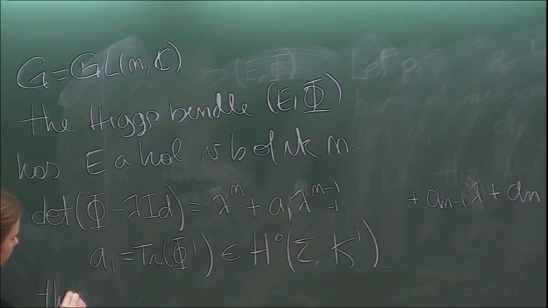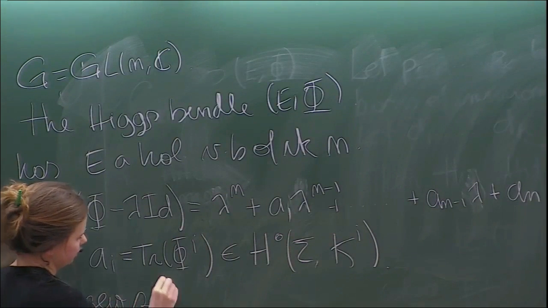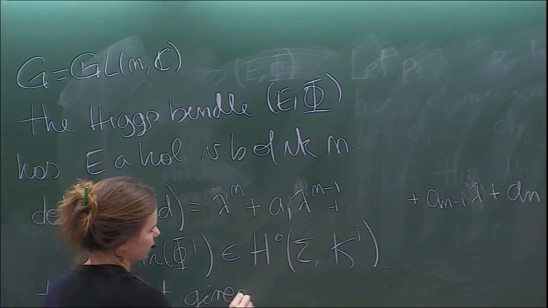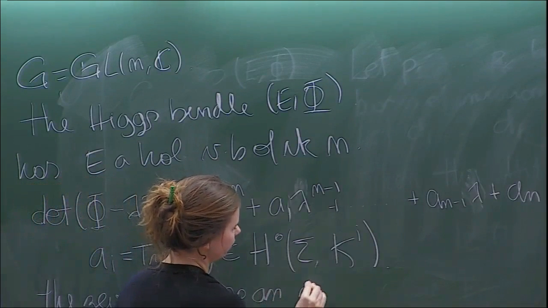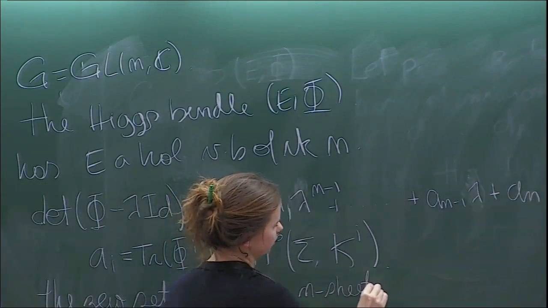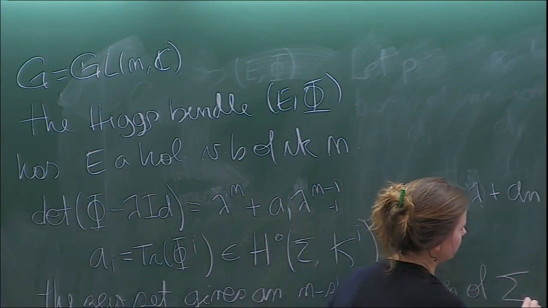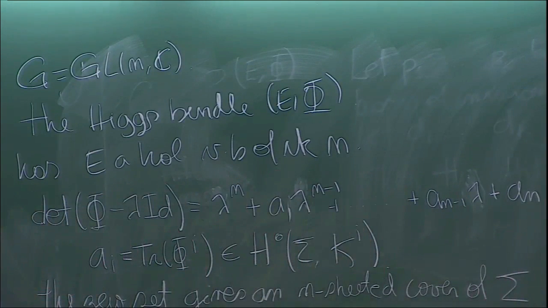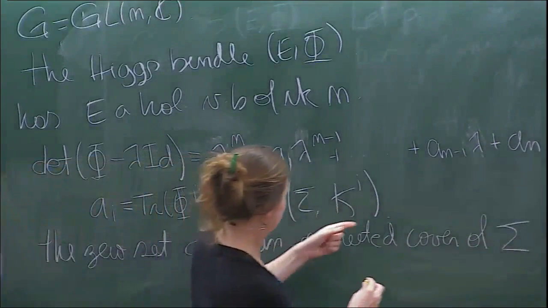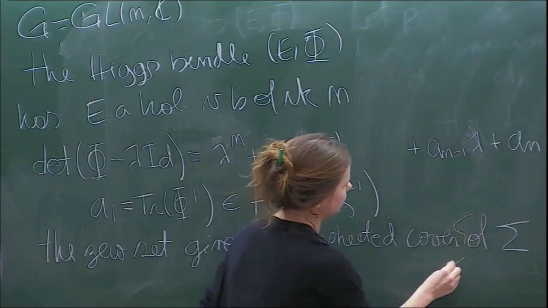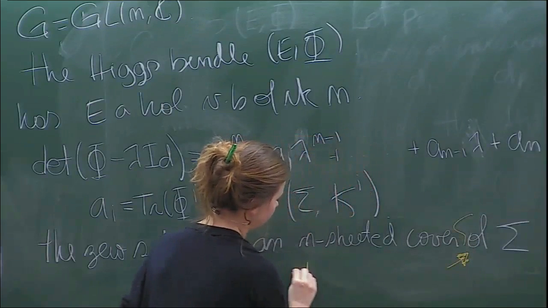So the zero set gives an n-sheeted cover of the Riemann surface. And the cover is the spectral cover, so S, and this is the spectral curve.